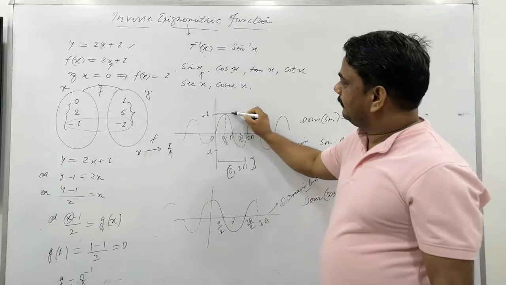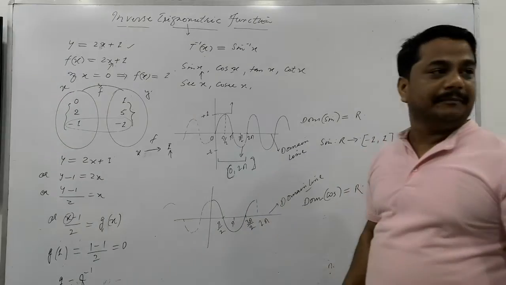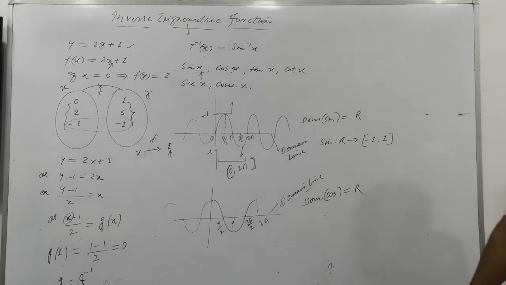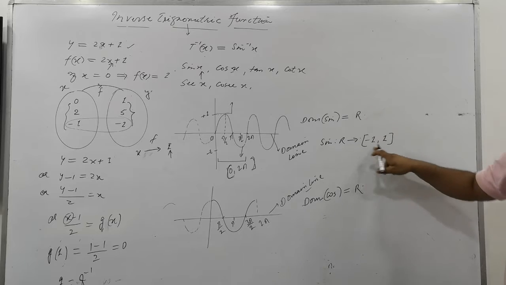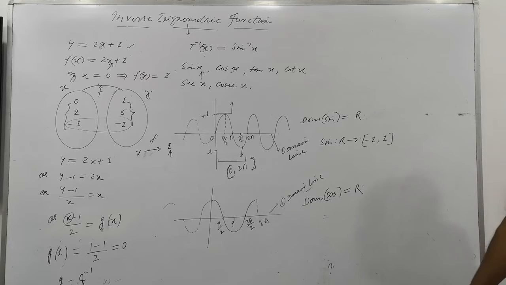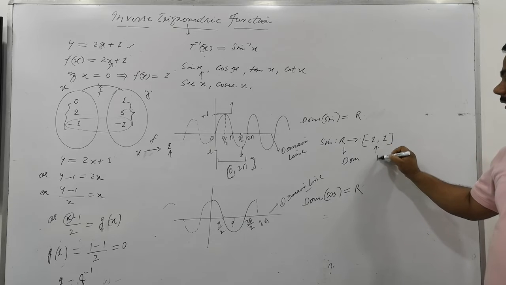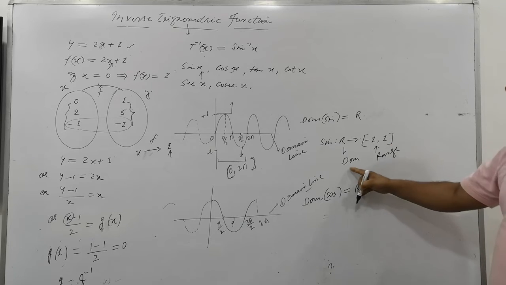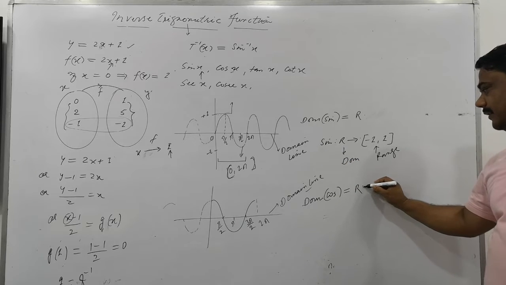The range will not proceed beyond +1 or below -1. So we can say sine is from R to [-1, +1]. This is the domain, and this is the range under the sine function.